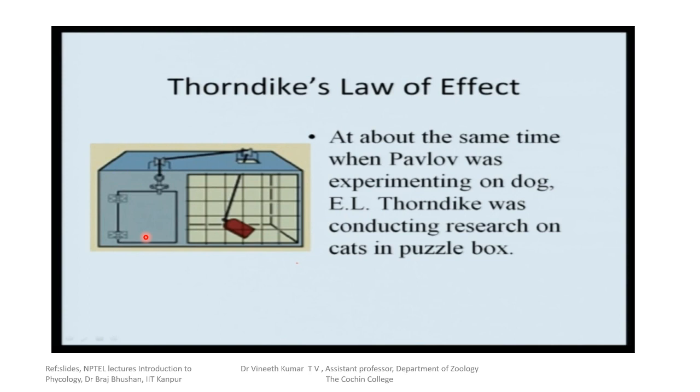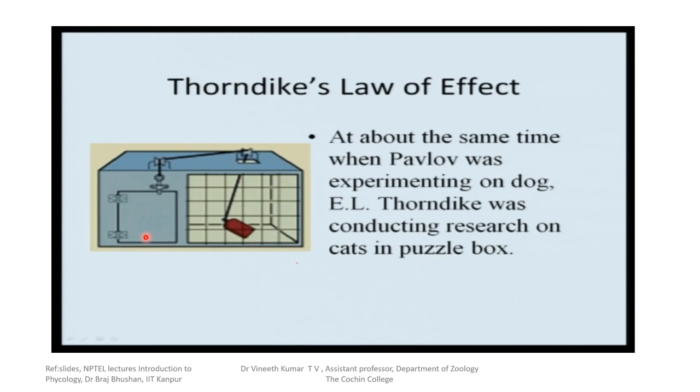So what the cat was associating, after many failed attempts, is that pressing the lever gives a positive response, a positive feedback, so that the door is opened and it gets the fish present outside.